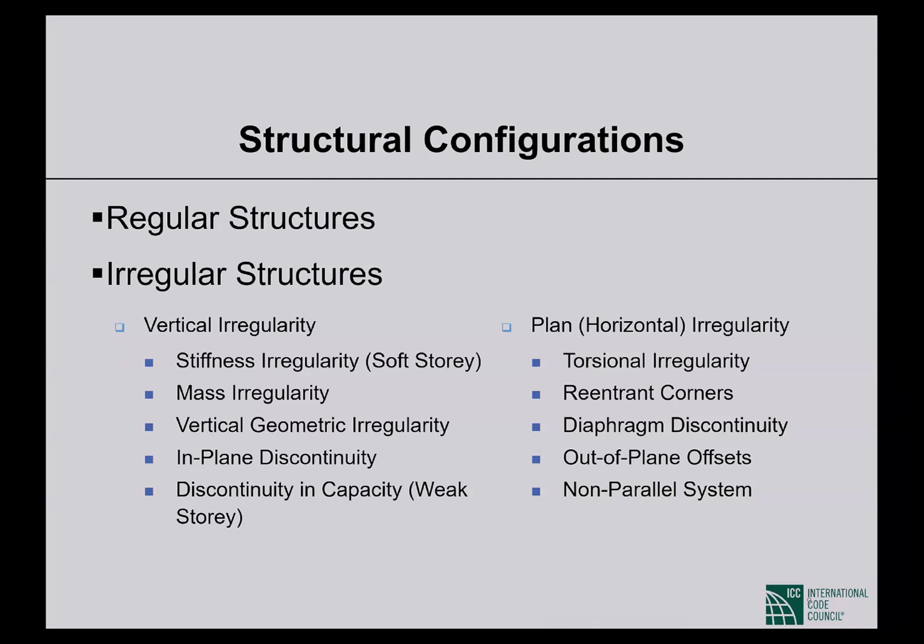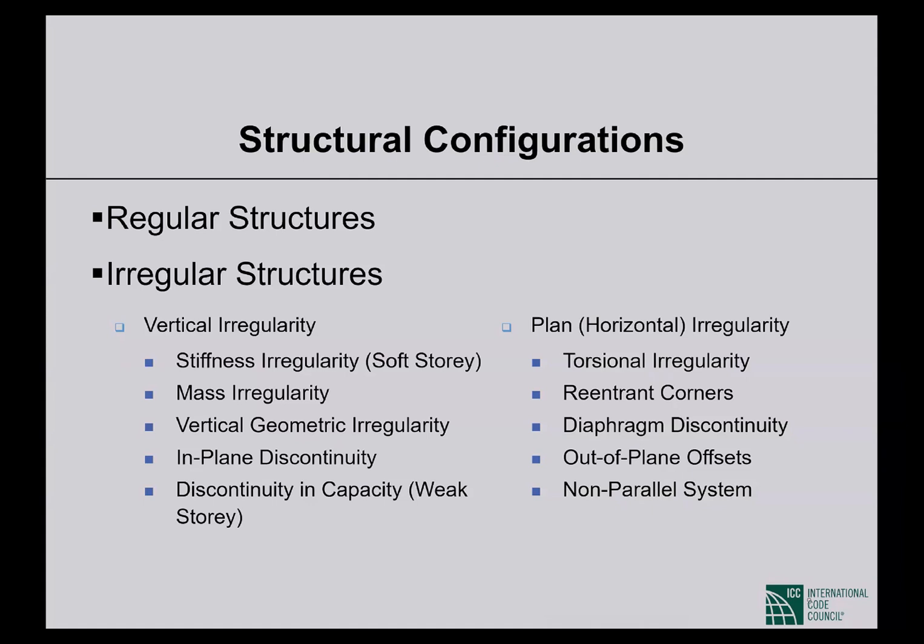One is called vertical irregularity, that is the irregularities that we can see from elevations or sections of a building. And the irregularities that we can see from the plan view, from the top view of floors, are called plan irregularity or horizontal irregularity.